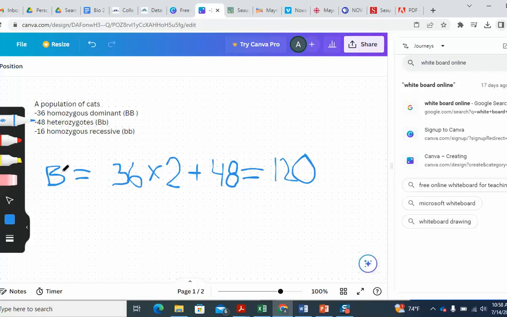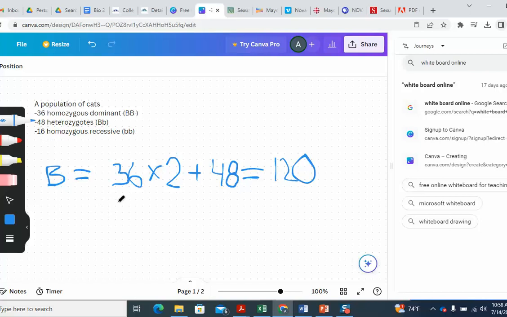So right here we have the number of dominant alleles. There are 100 individuals in this population. So 36 plus 48 plus 16 is 100. That means there's 200 of these B alleles.